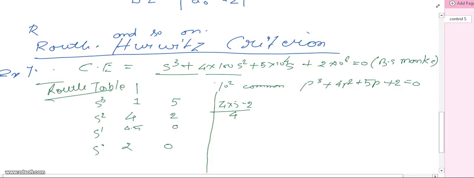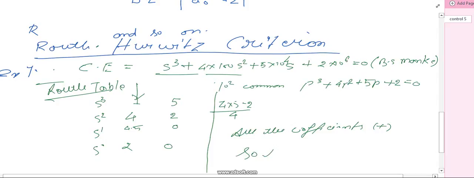So we see in the first row all the coefficients are positive, hence there is no sign change also, so the system is stable. So don't go on this.